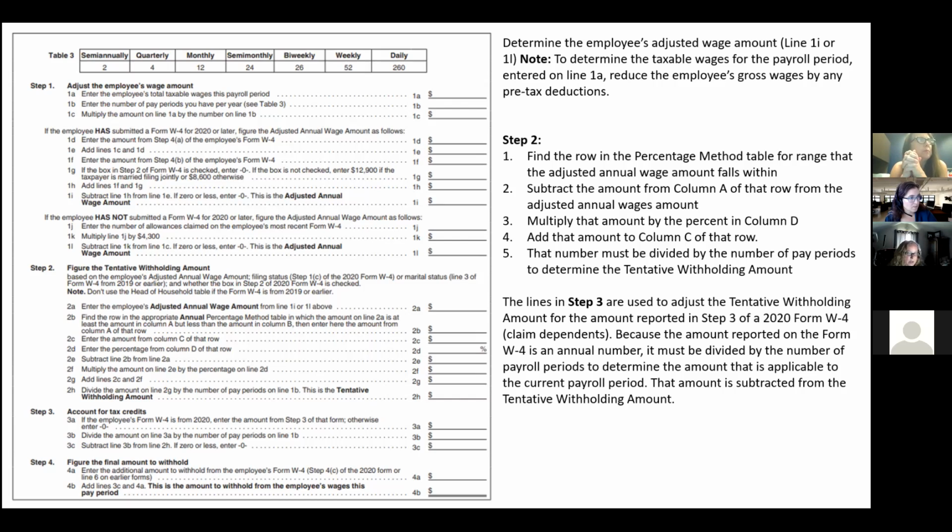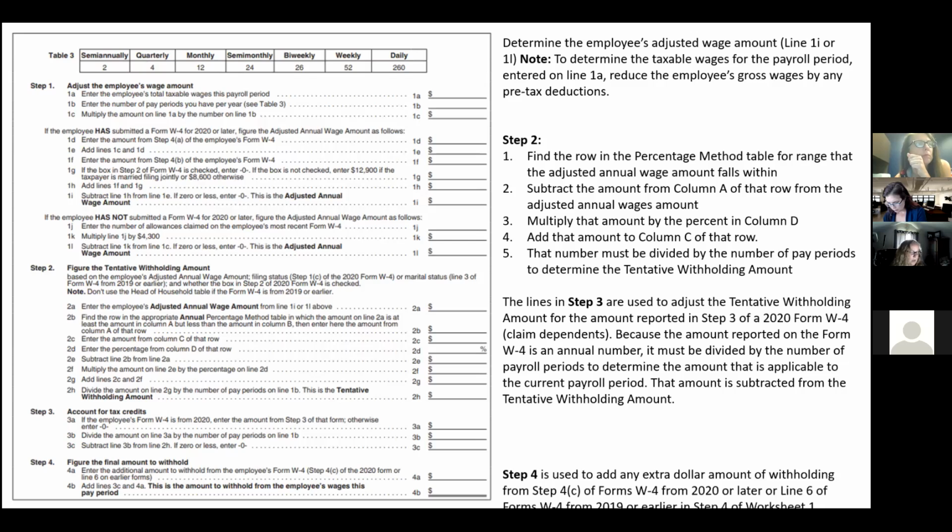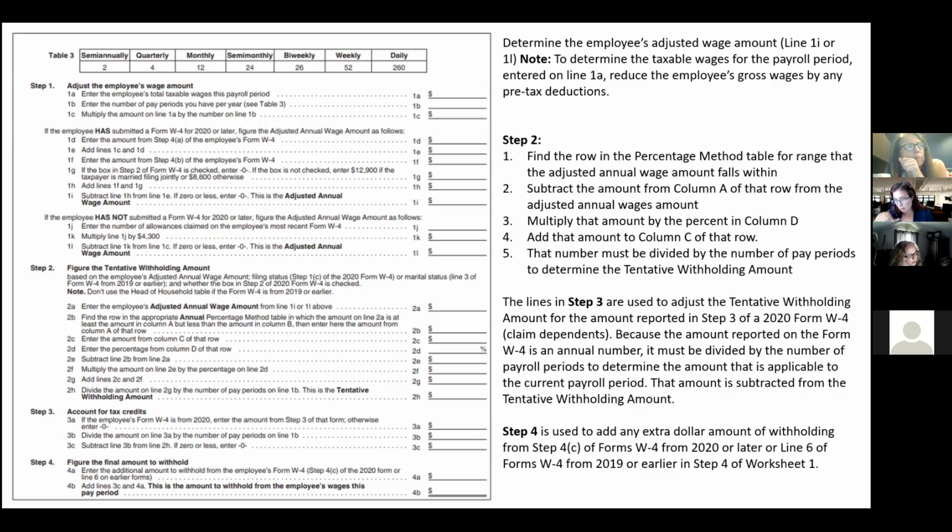During step 3, you're determining the tentative amount that they're going to be withholding, and then we're going to take into account any tax credits that the employee might be eligible for, dependents, which is going to be tracked on their W-4. And then from there, we're going to look at step 4, which adds any additional amount that they may want withheld. So this hopefully will make much more sense as we look at an example.